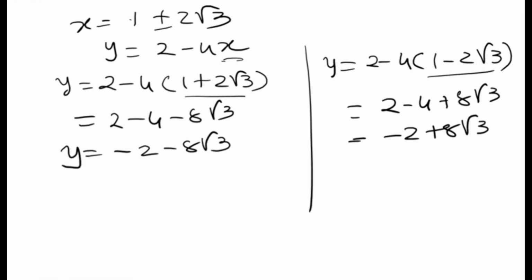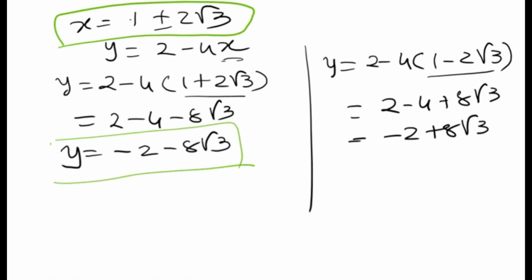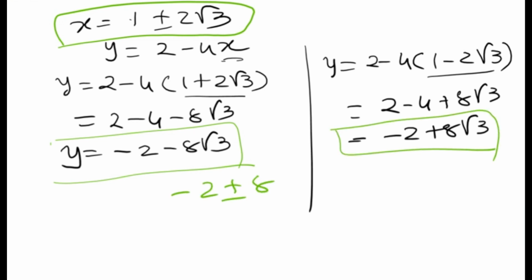For x we are getting 1 plus or minus 2 root 3, and for y we are getting minus 2 plus or minus 8 root 3. This is also in a plus b root 3 form. This is your a, this is your b.